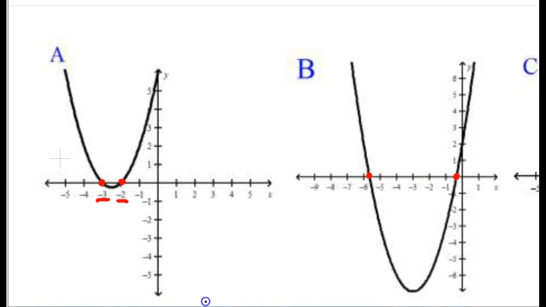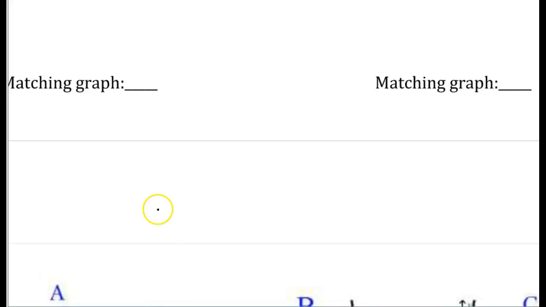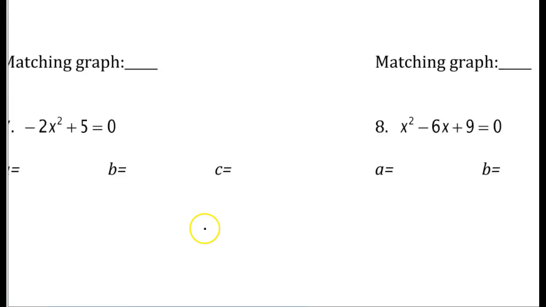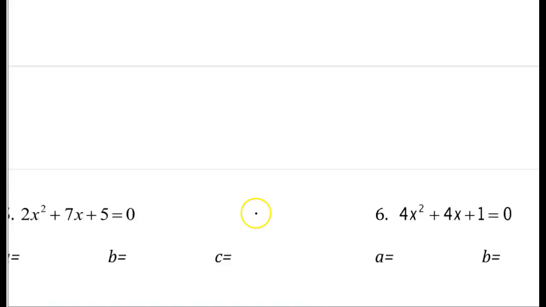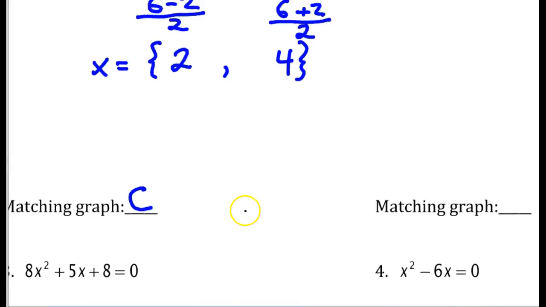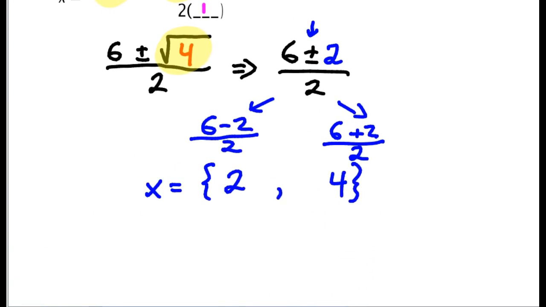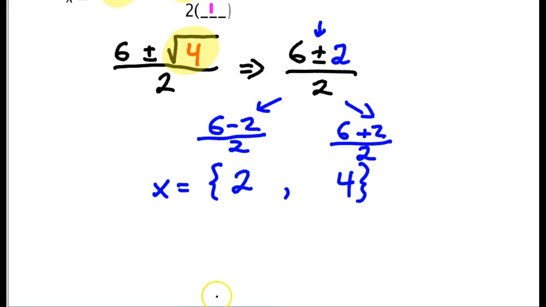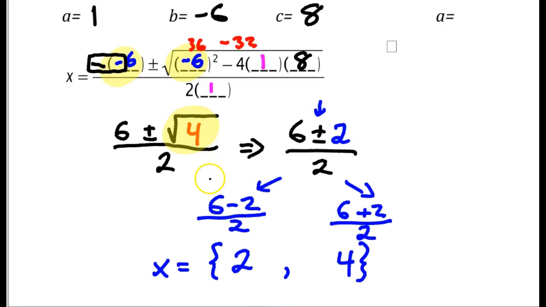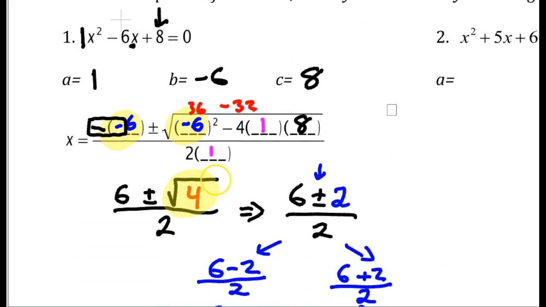Okay, now, since we have some nice little numbers here, I want to remind you, because the next thing we're going to be doing is looking at all the methods together. If you get like 2 and 4, or even like a half and 7, either nice whole numbers or maybe a nice decimal, like a half is really easy to work with, that means you can factor this. So we could have gone through and done, okay, what multiplies to 8 and adds to negative 6?